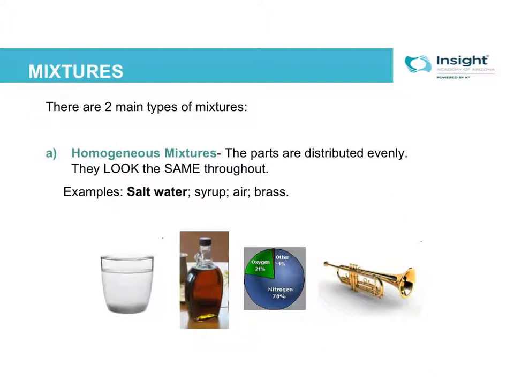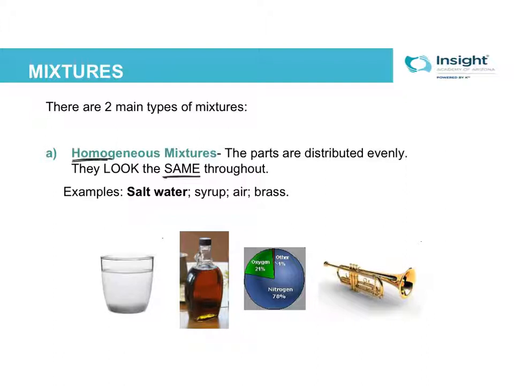Right? There are homogeneous mixtures. Right? That prefix homo means same. All right? So homogeneous mixtures look the same throughout. You can't see the separation of the different components. All right? So like salt water. If you drink salt water, you can taste that the salt is there, but you don't see it. All right?